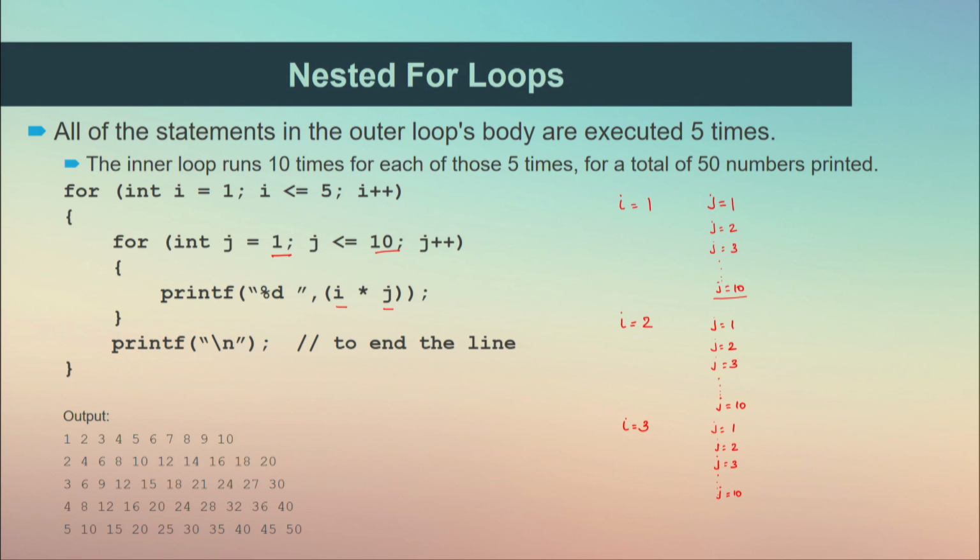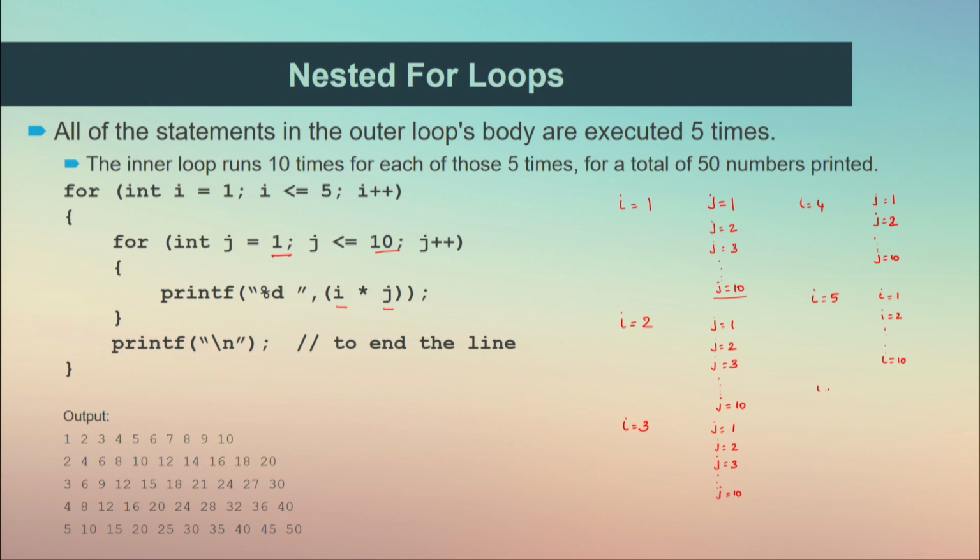Then i value becomes 4, again the value of j will be 1, 2, up to 10. Now, i value becomes 5, the same loop is executed up to 10 times, right.